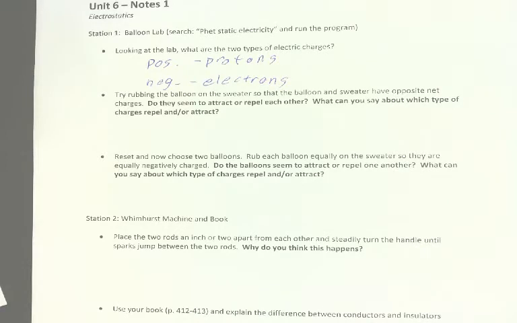So, when we try rubbing the balloon on the sweater, the balloon and the sweater have opposite net charges. Do they seem to attract or repel? And what can you say about the types of charges that seem to attract or repel? So, Luke, what seems to happen here when we mess around with this? It seems to attract. Yeah, so if I rub the balloon on the sweater, now the balloon is negatively charged.